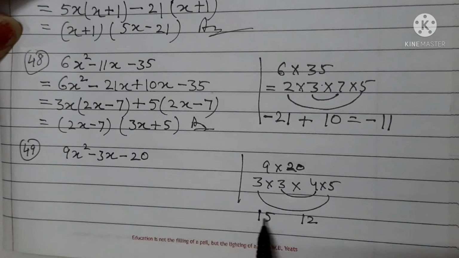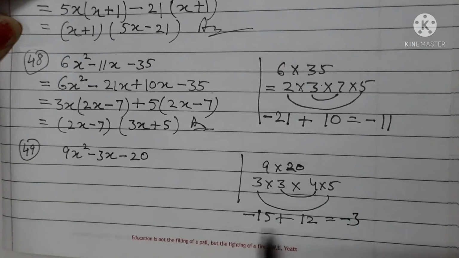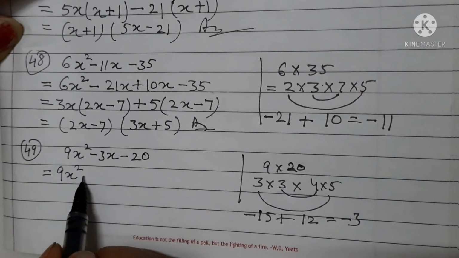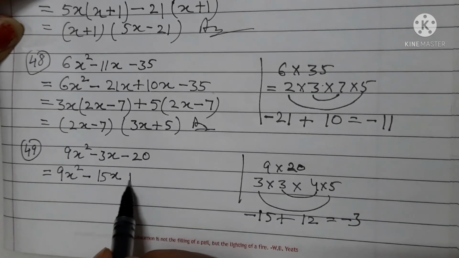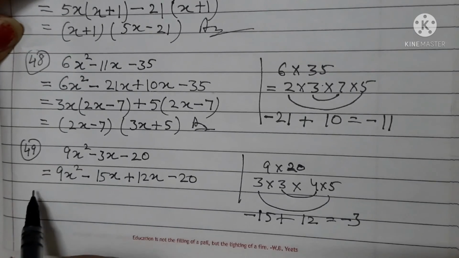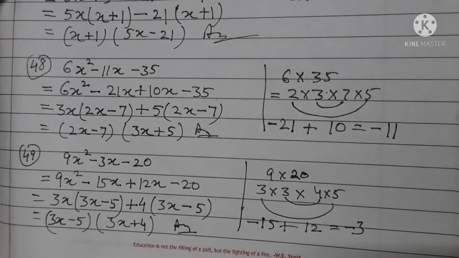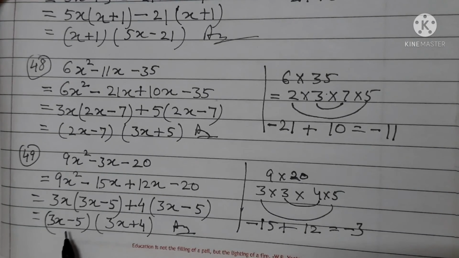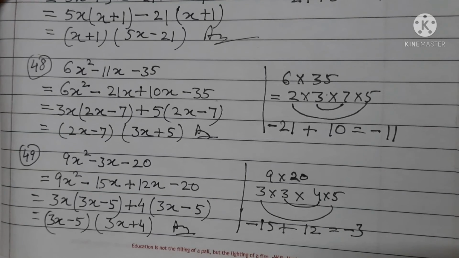Now because of the negative sign, minus 15 plus 12 is equal to minus 3. You can write it 9x square minus 15x plus 12x minus 20, and take common and solve further. So we will get the solution and this answer, 3x minus 5, 3x plus 4. Next question number 50.